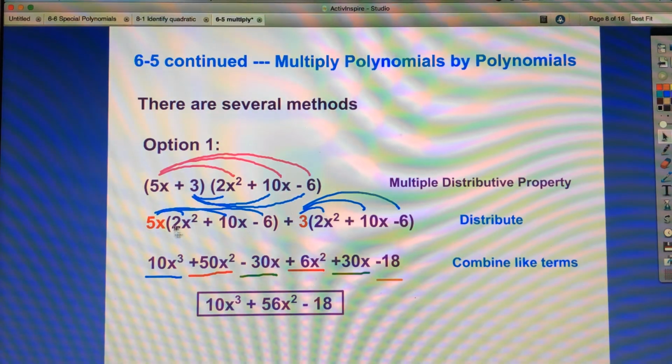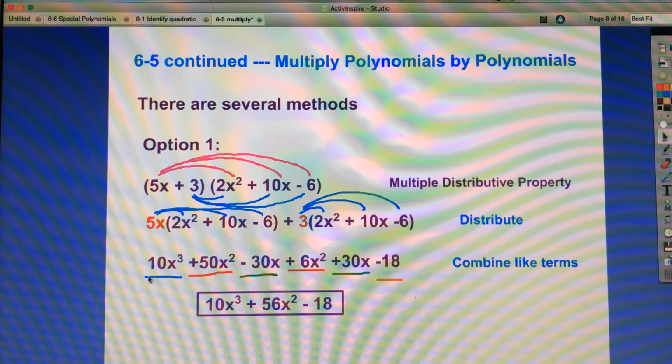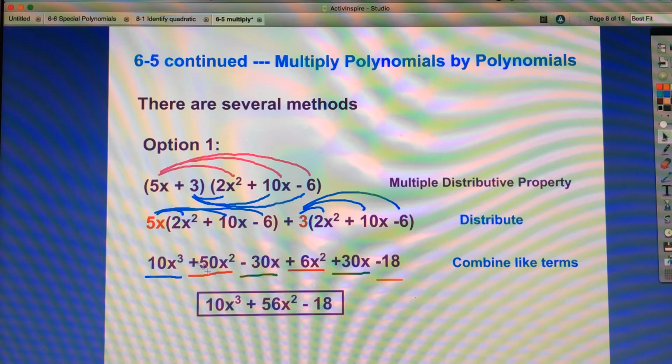Now I can do single distributive property. 5x times 2x squared, which is what we just said, 10x to the 3rd power. 5x times 10x, 50x squared. 5x times negative 6, negative 30x.